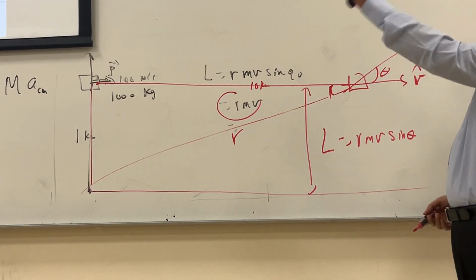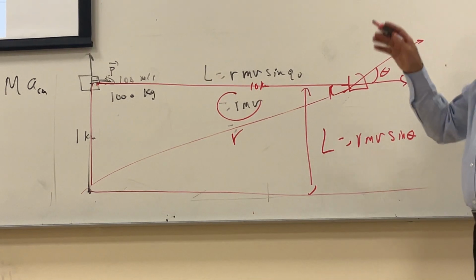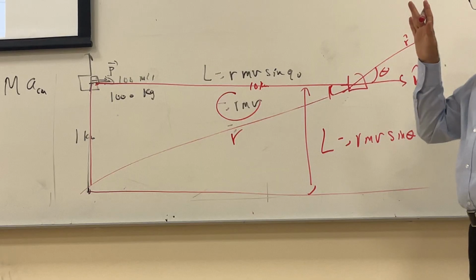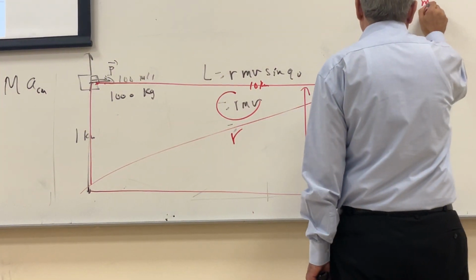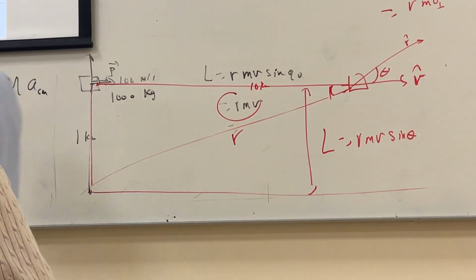So until it reaches wherever, Beirut, if it does not change the elevation, the angular momentum with respect to me is the same. If it changes height, that's a different story. Or you can say R M V perpendicular. So this is the cross product.